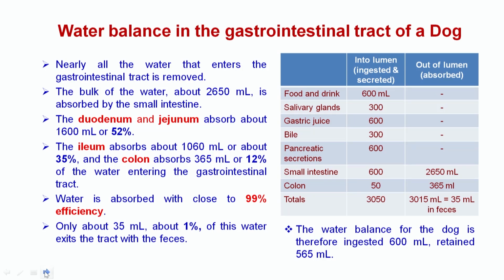So, water balance in the gastrointestinal tract of a dog, for example: the total water intake from food or drinking is around 600 ml, and different secretions are there.